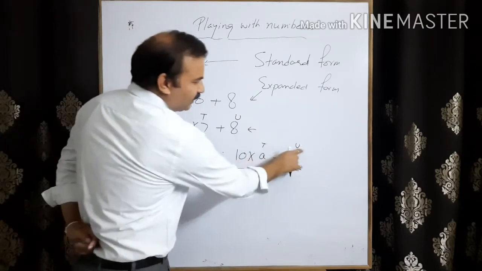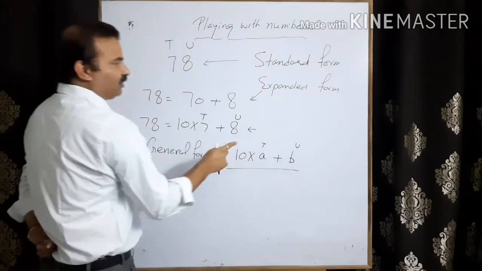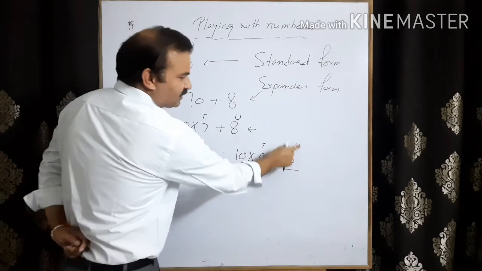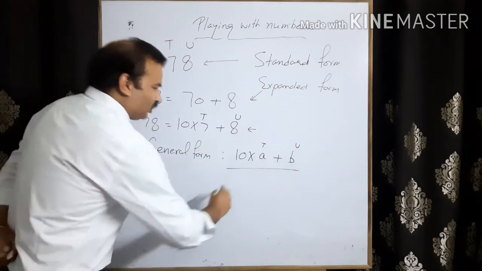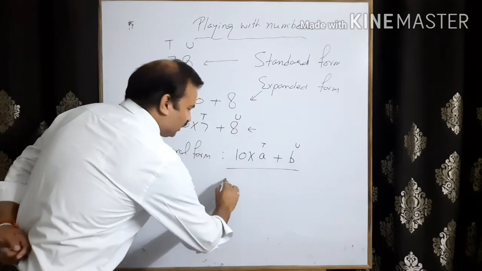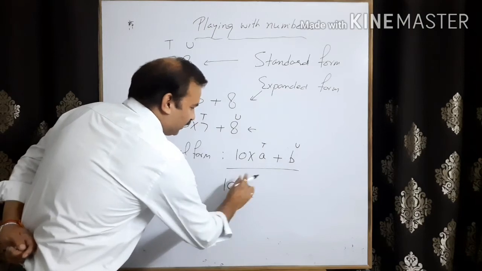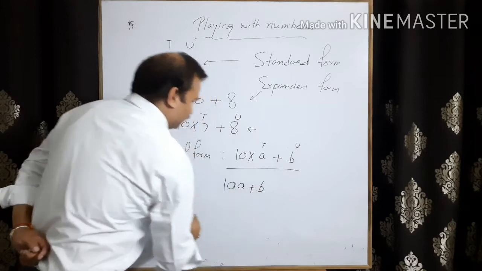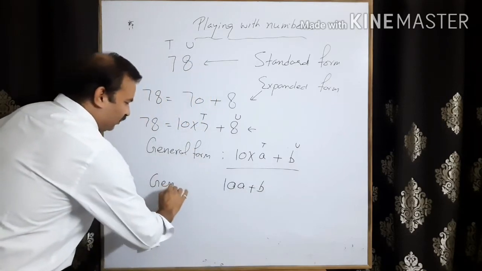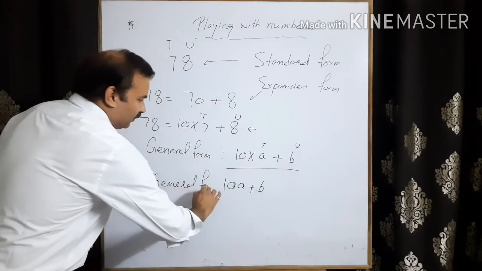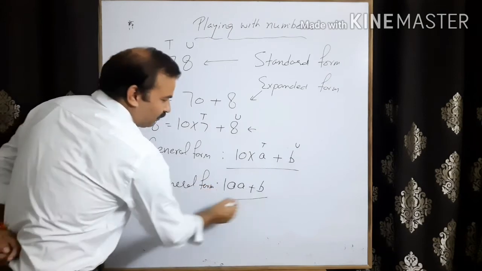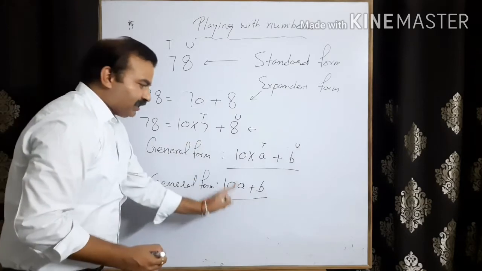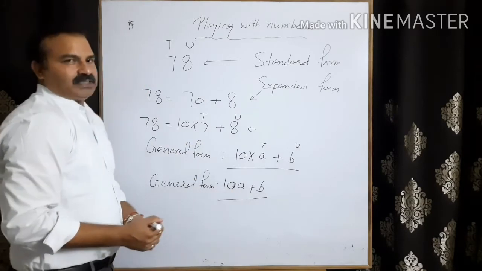You don't have to write T and U. This is just for your knowledge that A is a digit at the tens place and B is a digit at the unit place. So otherwise the general form is 10 multiplied by A, that is 10A plus B. This is the general form of any number. Please remember, A and B, tens digit, unit digit, only 2 digits. So this is the general form of the 2-digit number.